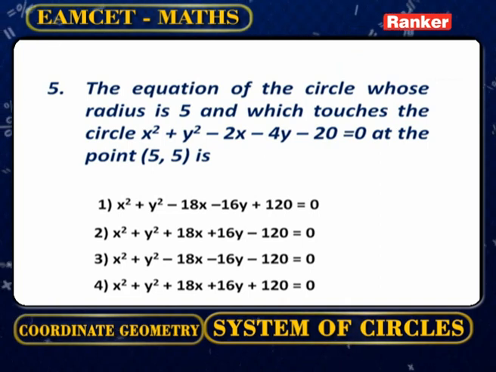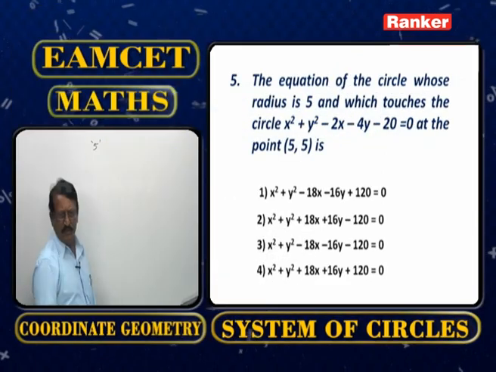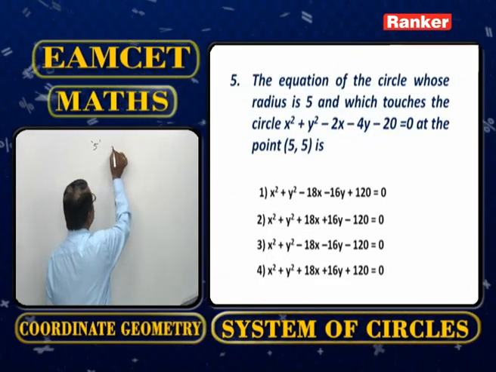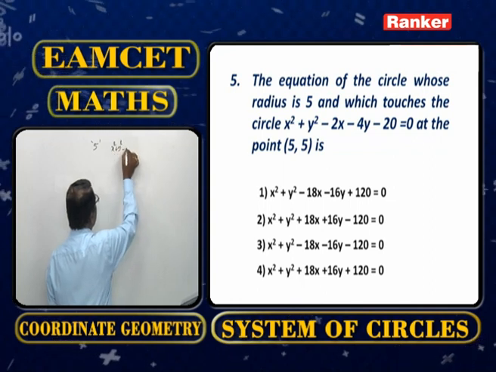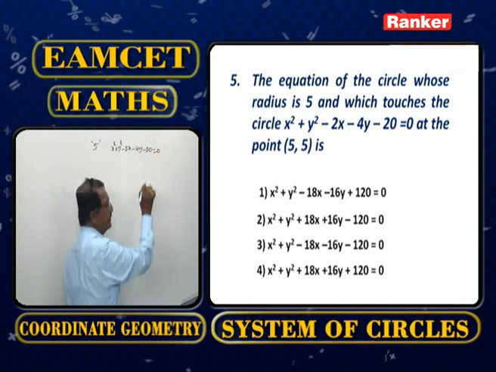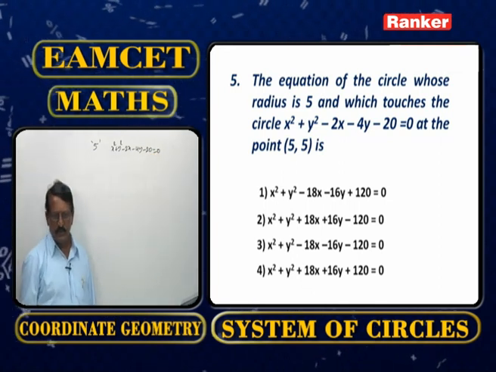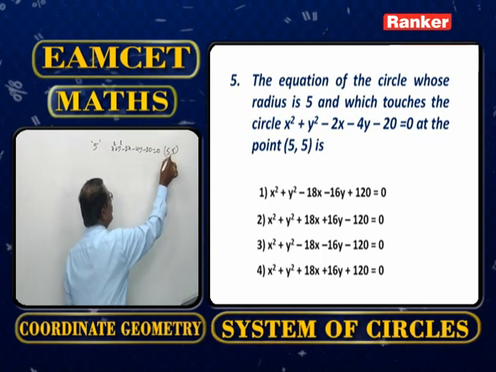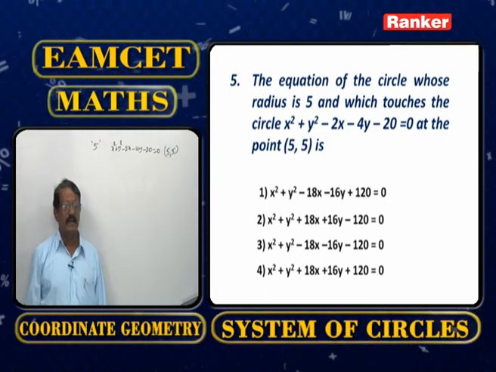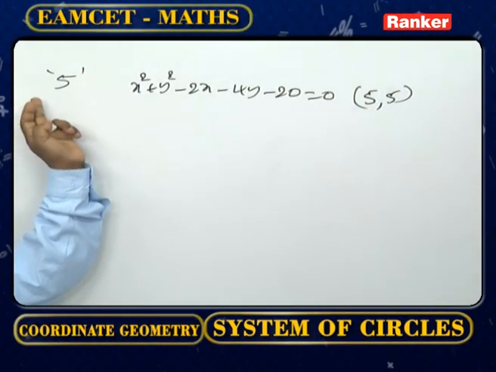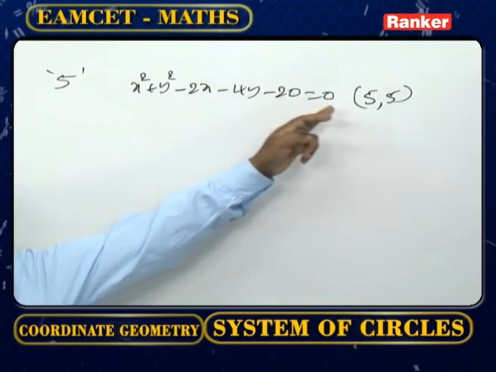The equation of the circle whose radius is 5, and which touches the circle x square plus y square minus 2x minus 4y minus 20 equals 0 at the point 5 comma 5. Now, we need the required equation of the circle whose radius is 5, but that circle touches the given circle at 5 comma 5.